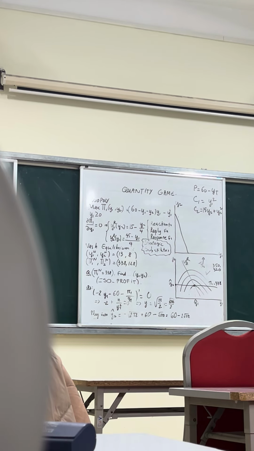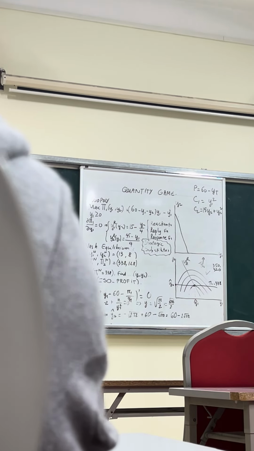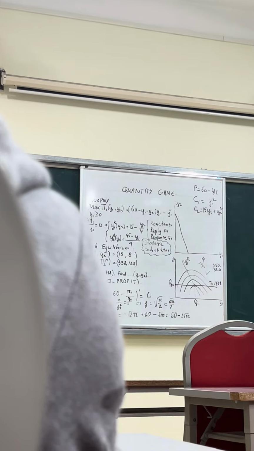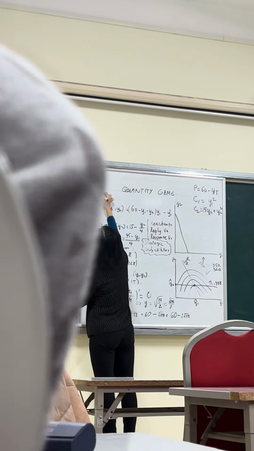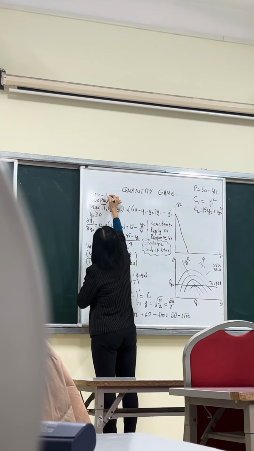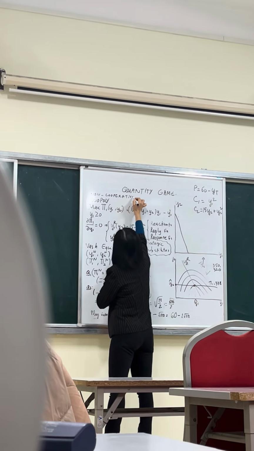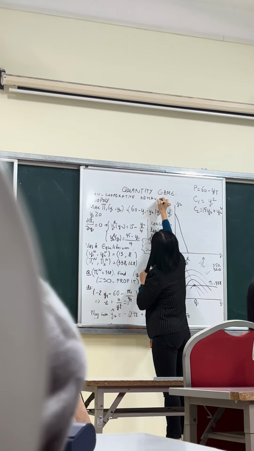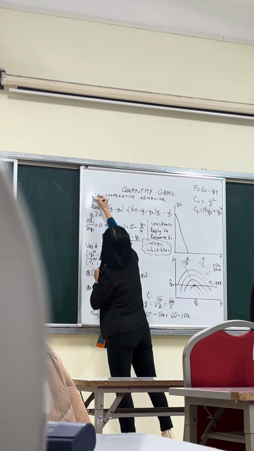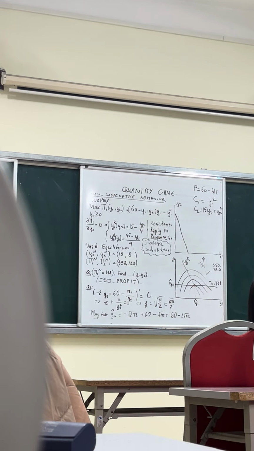Draw the reaction function. You have the isoprofit. So what we are doing here is non-cooperative behavior, where two firms are competing one against the other.